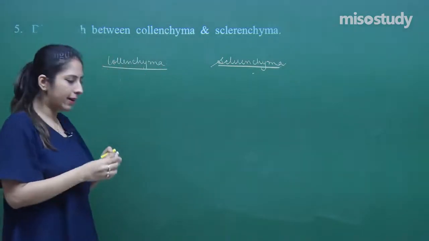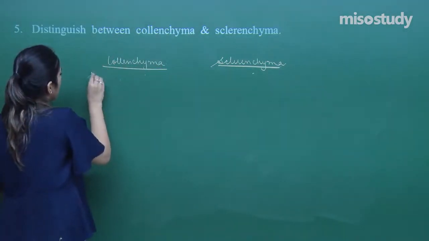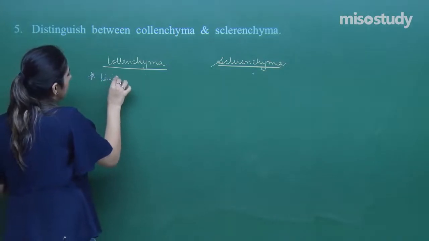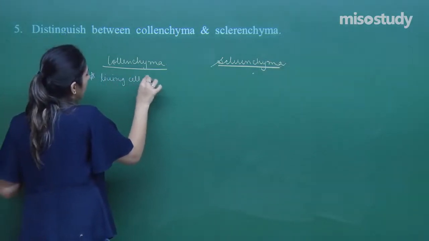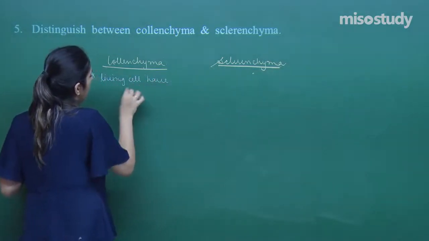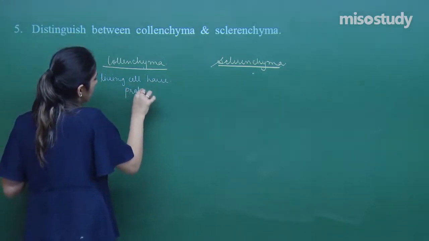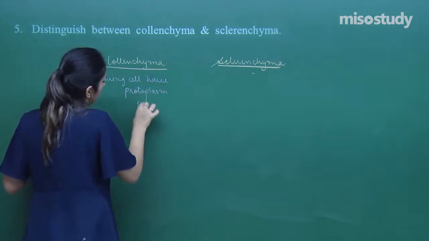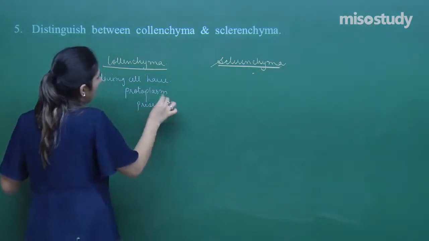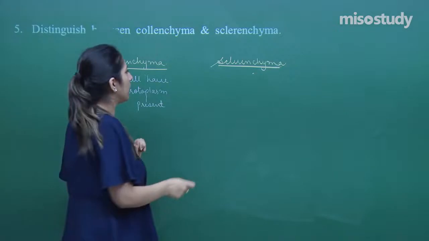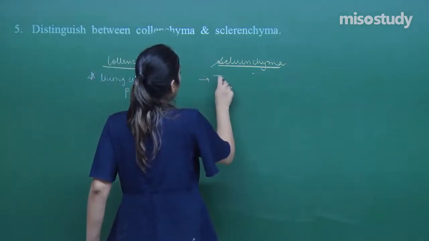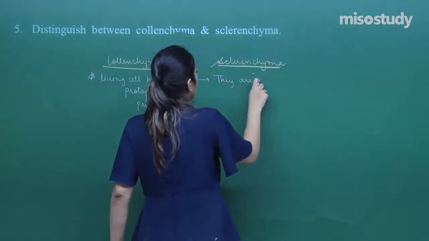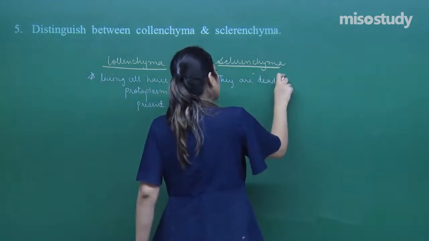Collenchyma cells are living cells, and they have protoplasm present. Whereas in the case of sclerenchyma, they are dead mechanical tissues.